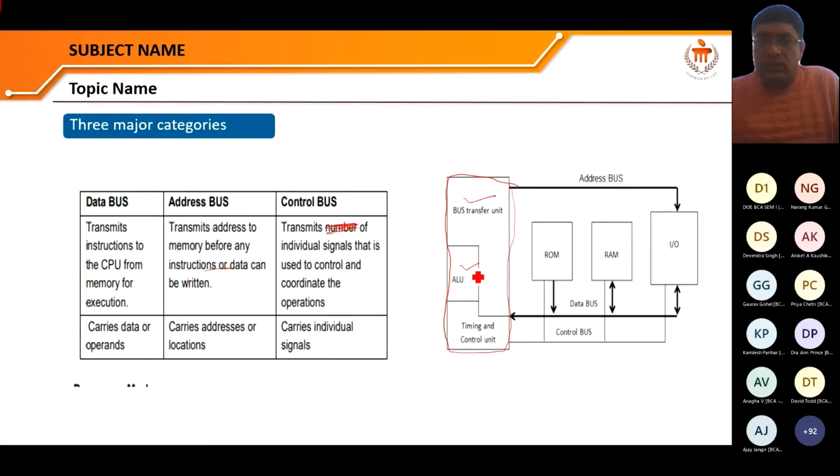How are these things managed? You can see the address buses control the input and output operations, and the control buses are connected to take the information from ROM and RAM.